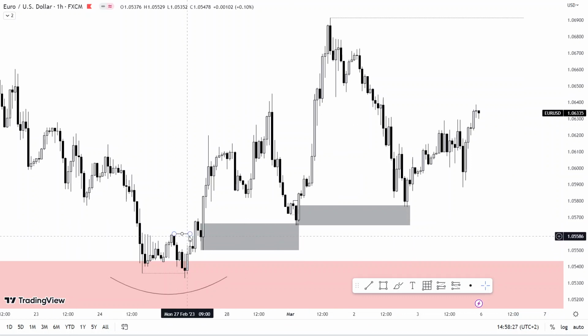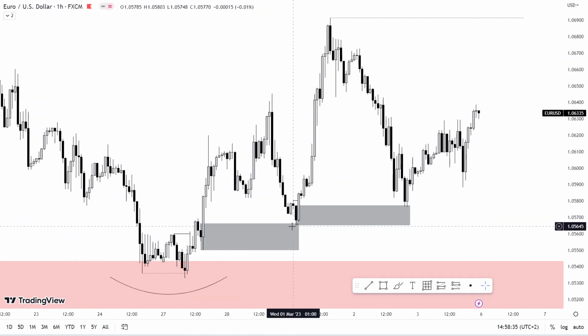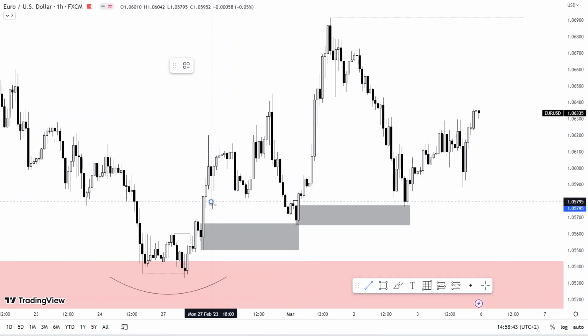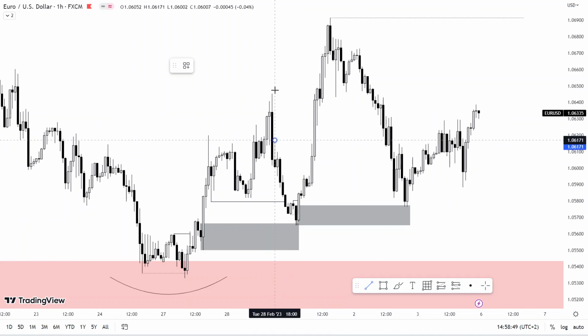So after breaking the structure here, or creating a change of character, what we did see is that since we were on the 1 hour, we had this 1 hour demand zone, traded into it, and then we left another 1 hour demand zone for this structure right here, which we ended up breaking the structure right there.